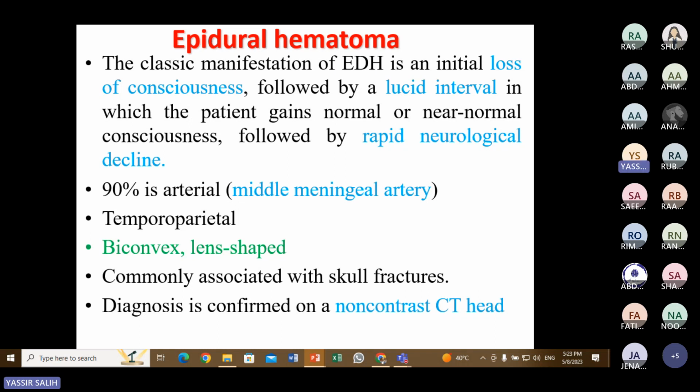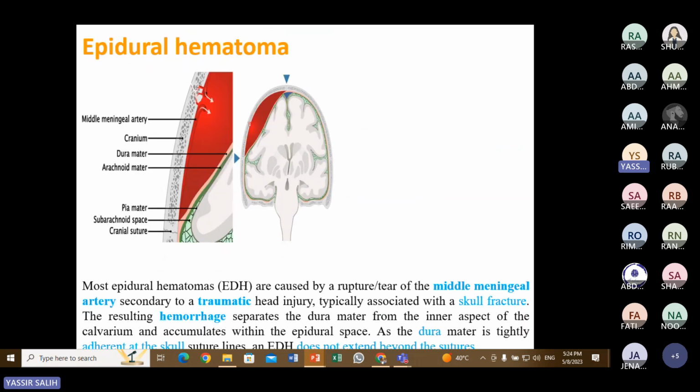How to diagnose epidural hematoma? The patient جاك بالhistory بتاع loss of consciousness after trauma. The non-contrast CT of the head is the imaging modality of choice. You have to do non-contrast. أهم شيء non-contrast, not CT with contrast. This is a diagram demonstrating how the blood originates from the middle meningeal artery in case of trauma.